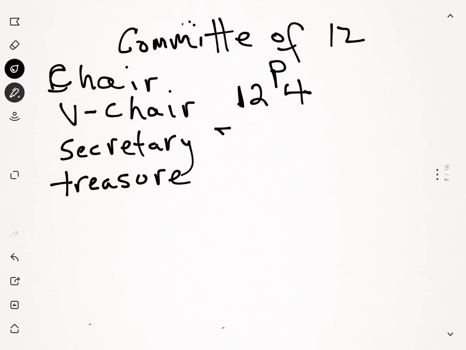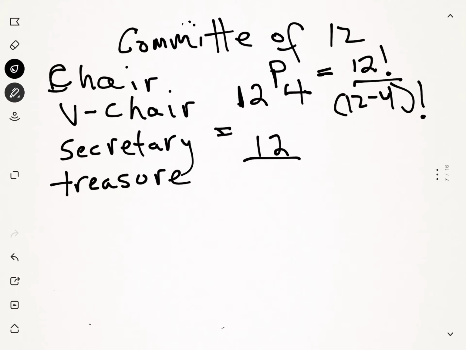So we end up with 12 factorial divided by 12 minus 4 factorial, which is 12 factorial divided by 8 factorial.